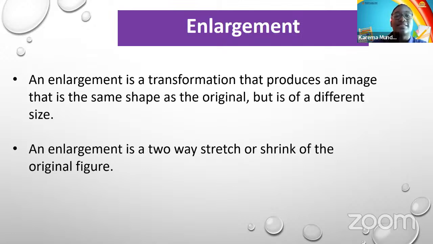What's happening to it is that it's changing in width and it's also changing in height. And that's what we mean when we say a two-way stretch. All right, so it's stretching vertically and it's also stretching horizontally. And that is how it's keeping its shape.